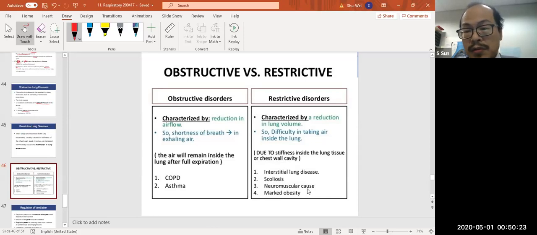If the neuromuscular system is injured, then we cannot expand it. Or interstitial lung disease, that is between the lung and the chest wall, interstitial fluid.